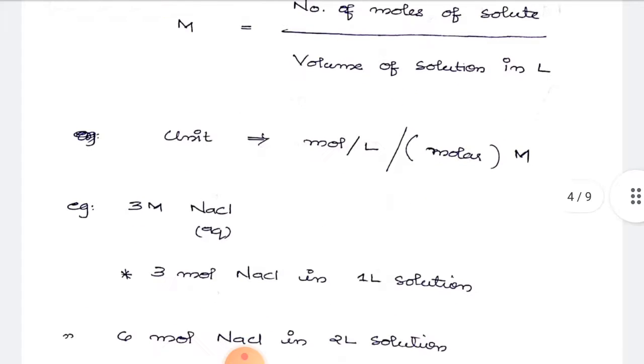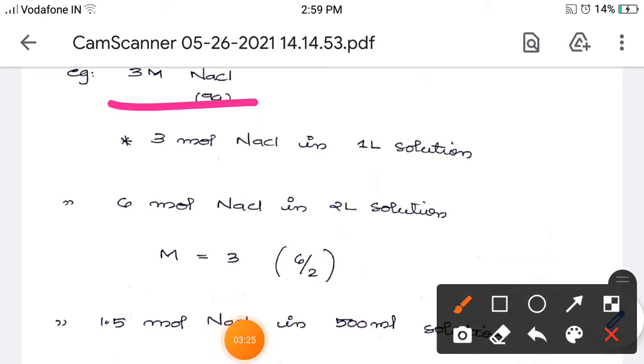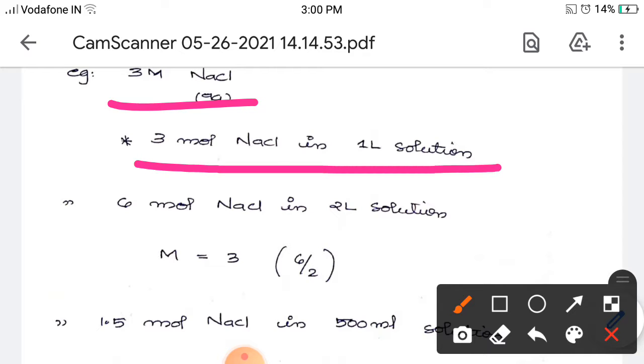So let's see. What does 3 M NaCl mean? 3 molar NaCl means the molarity is 3, that is, 3 moles of NaCl in 1 liter of solution.